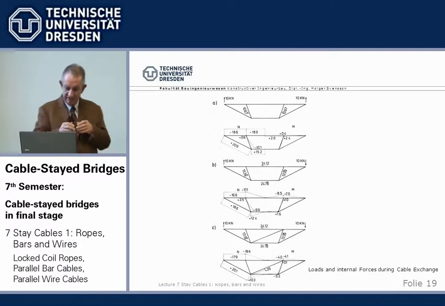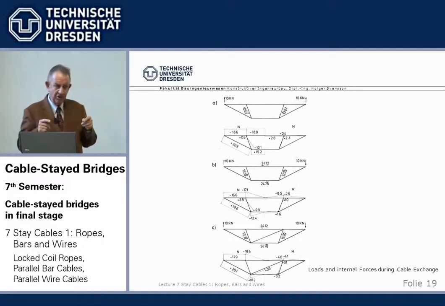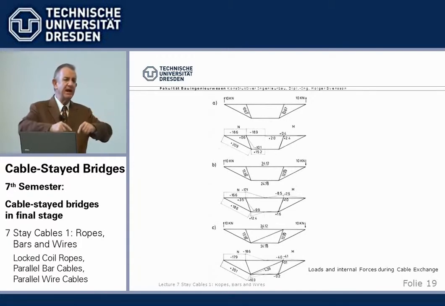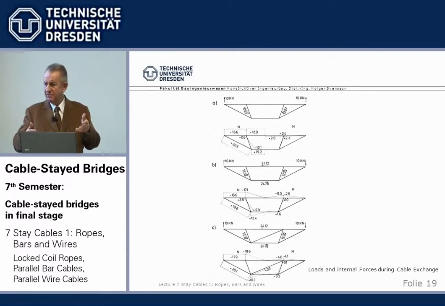At that time, however, the loading cable exchange, which we today apply as a matter of routine to cable-stayed bridges, same as we apply the load bearing exchange for regular bridges, wasn't considered.